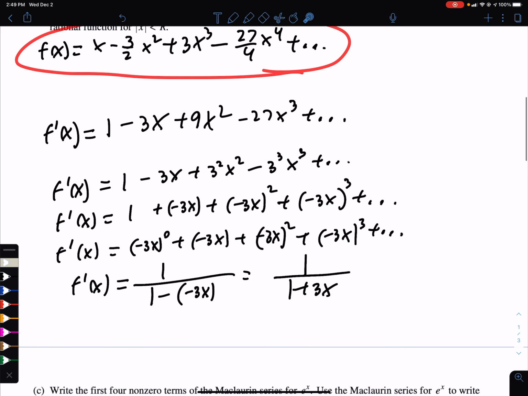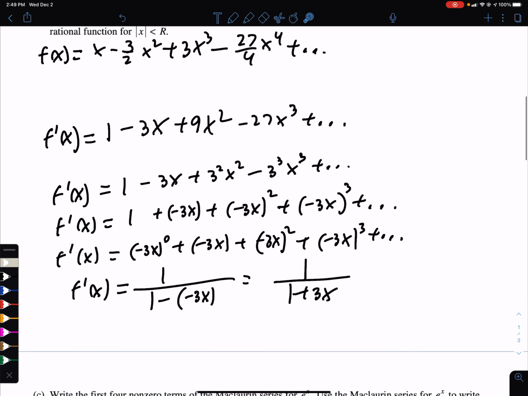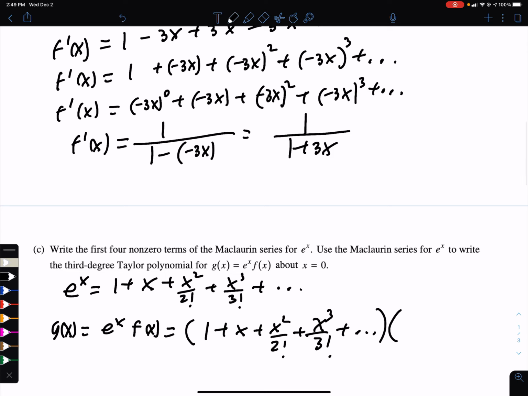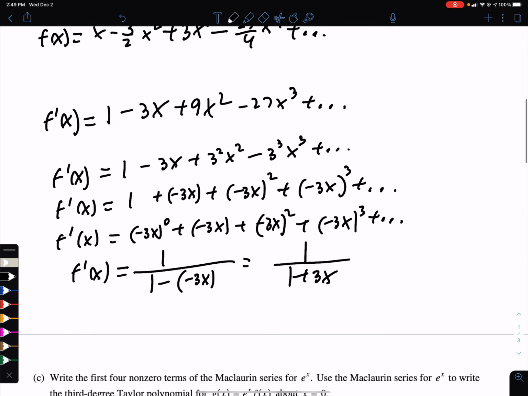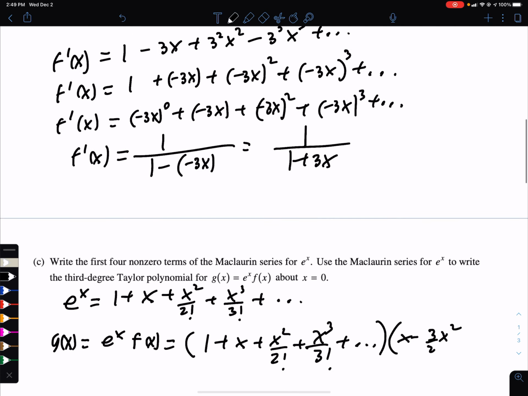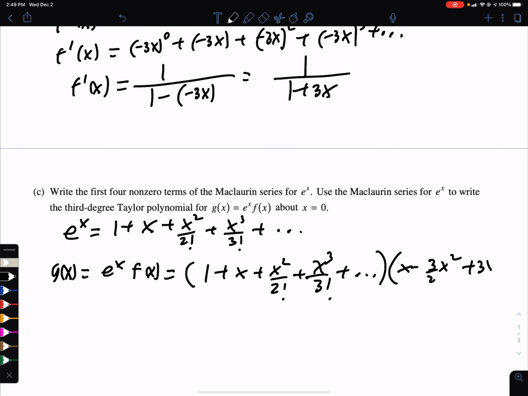So can I copy that down? Maybe. X minus 3 halves x squared plus 3x cubed plus dot, dot, dot. Now, we want a 3rd degree Taylor, so I don't need any higher powers than 3.